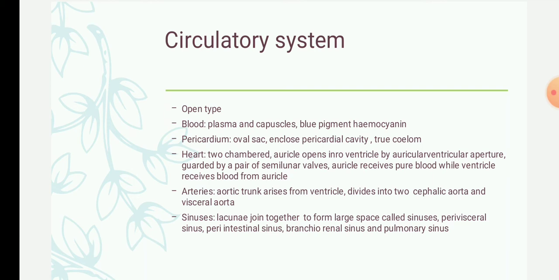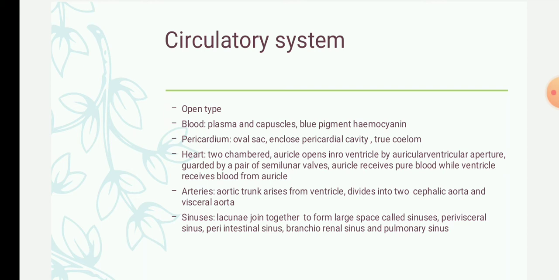Sorry, there are 4 main sinuses, not 3. First is the pre-visceral sinus, then the peri-intestinal sinus, the branchiorenal sinus and the pulmonary sinus. The pre-visceral sinus is located below the mantle cavity, and it surrounds the esophagus and the buccal mass.